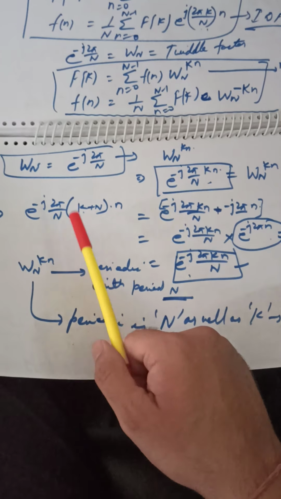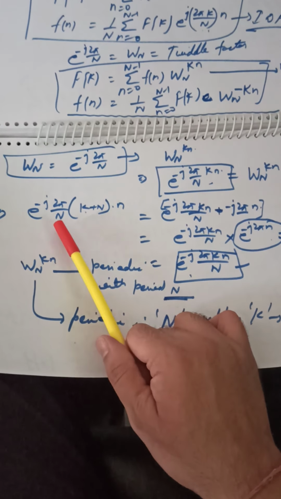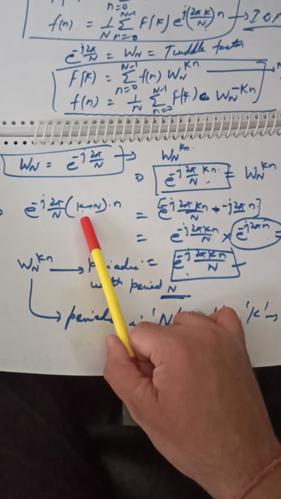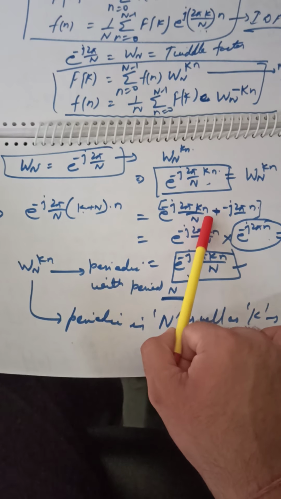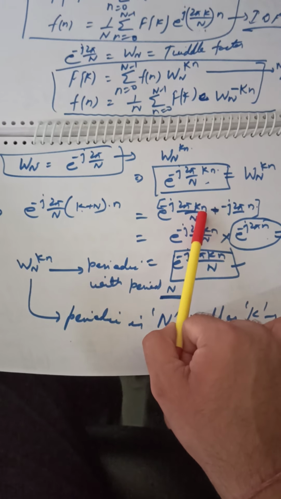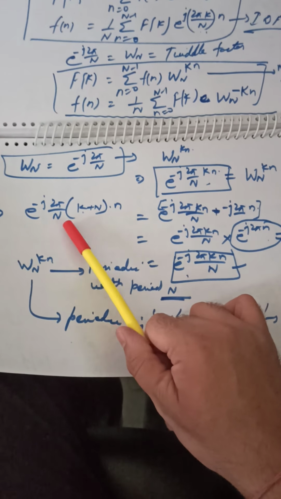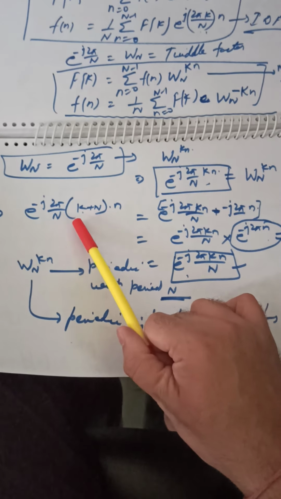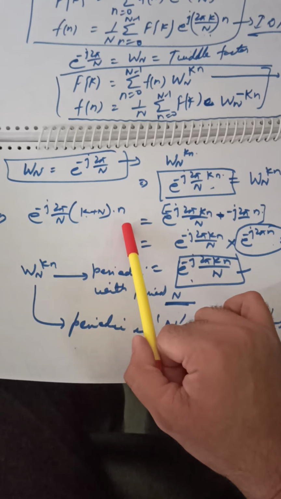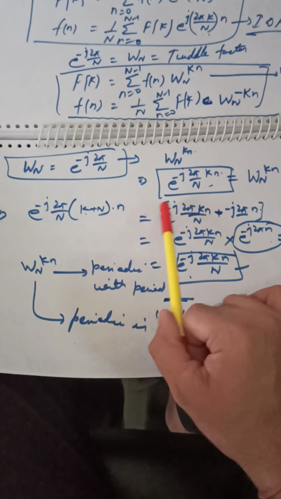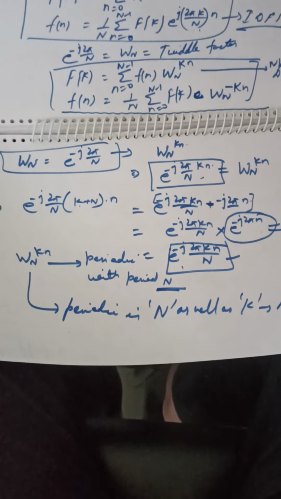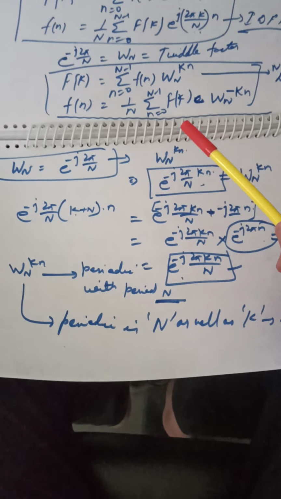You can easily observe that e to the power minus j 2 pi by N multiplied by N, the capital N gets cancelled with the small n's denominator, and we are left with e to the power minus j 2 pi n, with a multiplying factor k also.